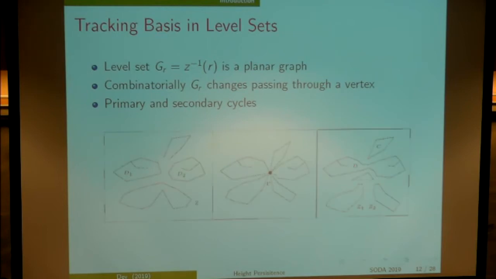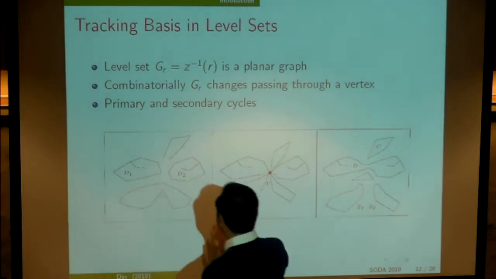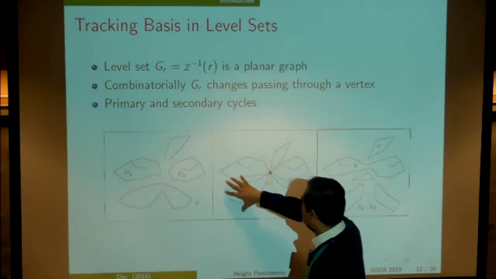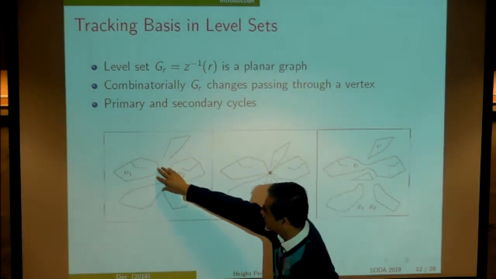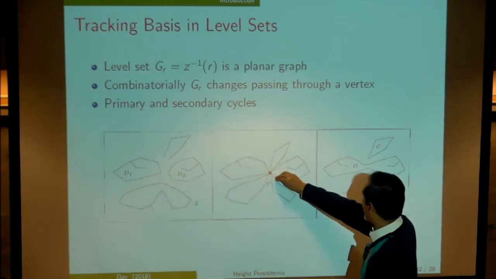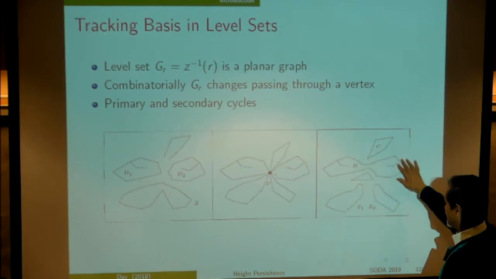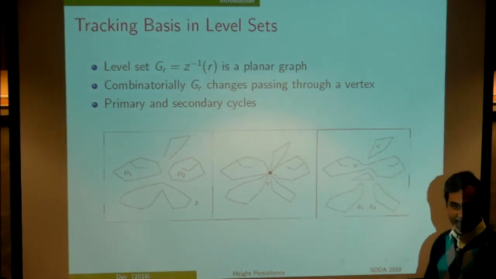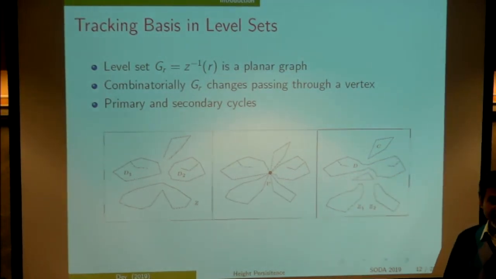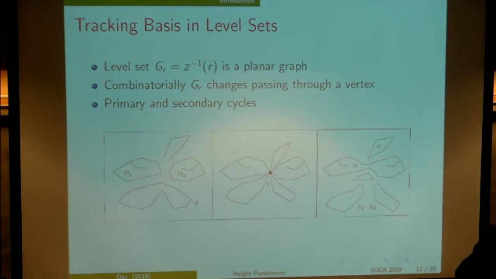Now, as I'm approaching a vertex, maybe these things are coming together here, and then they merge and form something else, and that's what I have to track. So as I'm going through a vertex, somehow the basis of H1 is changing, and I have to track this. And this is done algorithmically using some data structures.